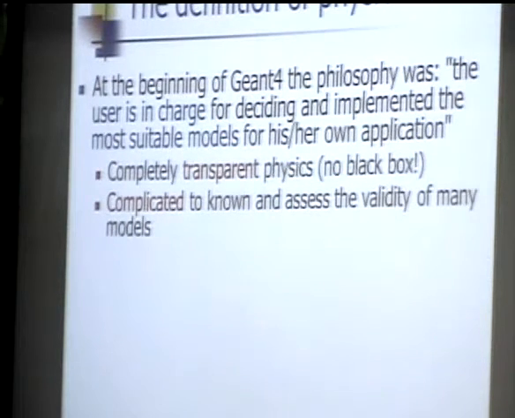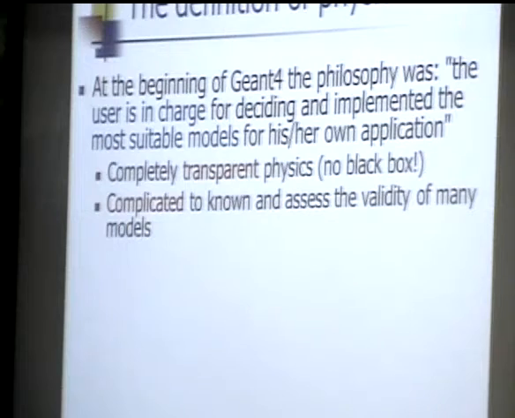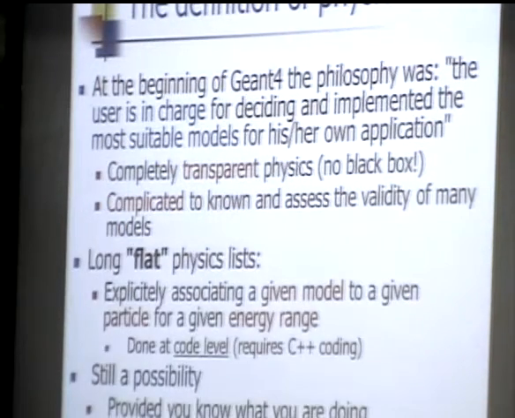I think not everybody here is able to distinguish between, I don't know, two kinds of hadronic cascades at 100 GeV to say which is better for your simulation. So it's true that it's completely flexible, but the average physicist is often not able to assess all the models that you have in Geant 4 to say which is the best suited one for the simulation.